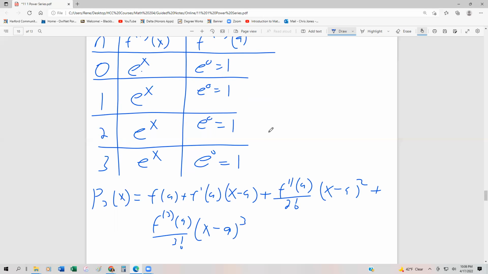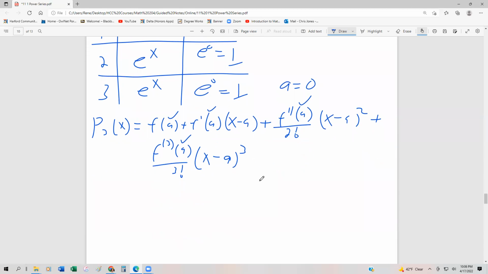Now remember, a is going to be equal to 0 for us, and it looks like f prime, f double prime, and the third derivative are all equal to 1. Okay, we can see that.